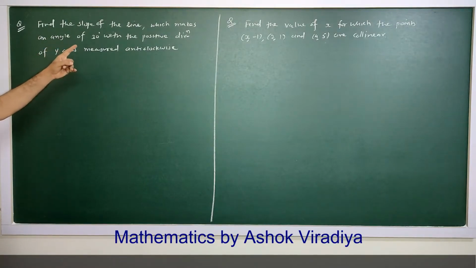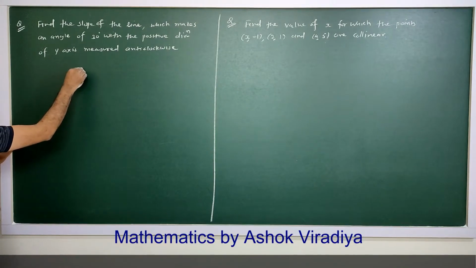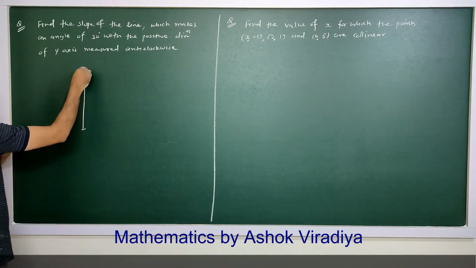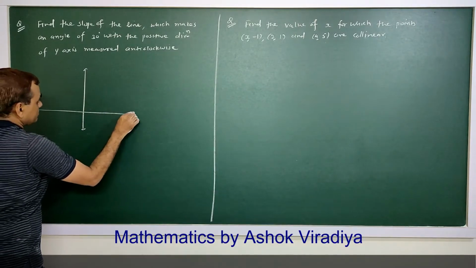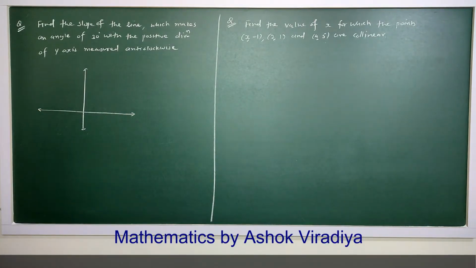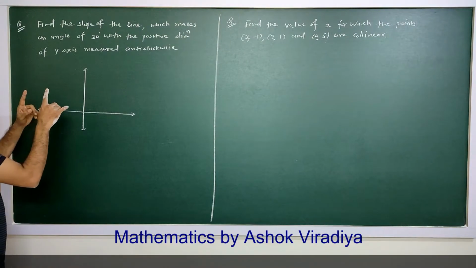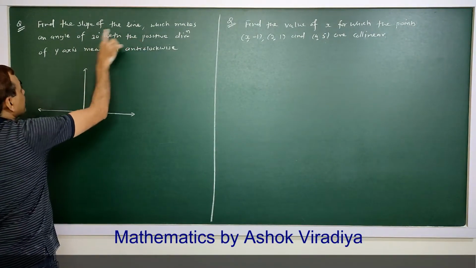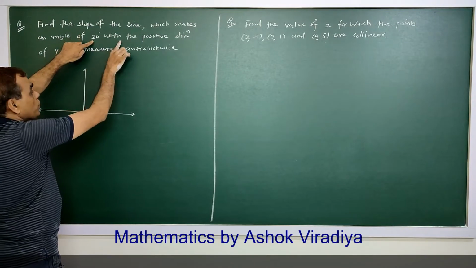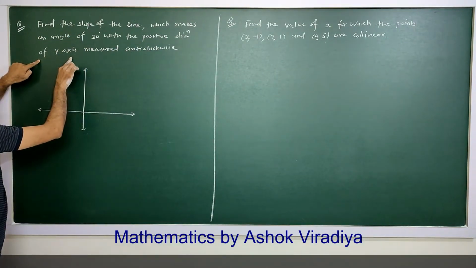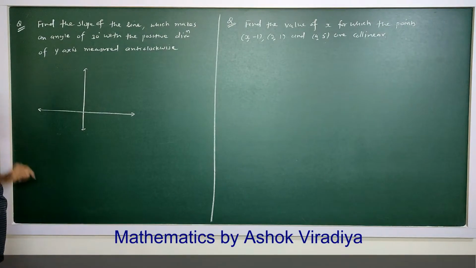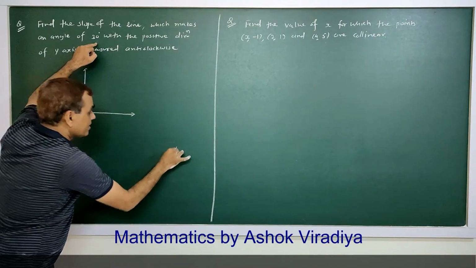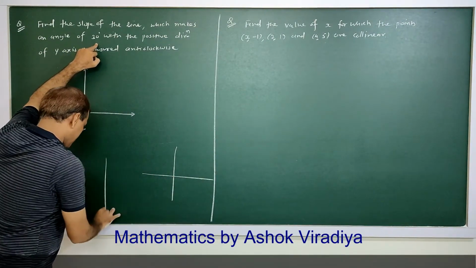Find the slope of the line which makes an angle of 30 degrees with the positive direction of the y-axis, measured anti-clockwise. Read the words properly. The line is making an angle of 30 degrees with the y-axis, which means two possibilities.